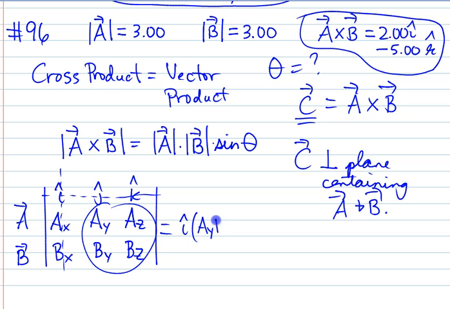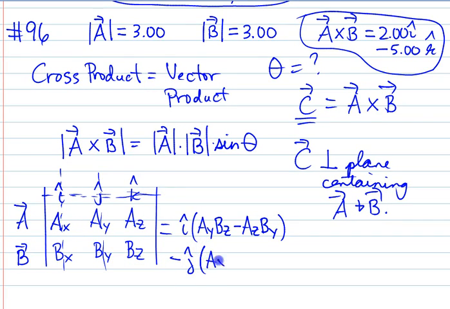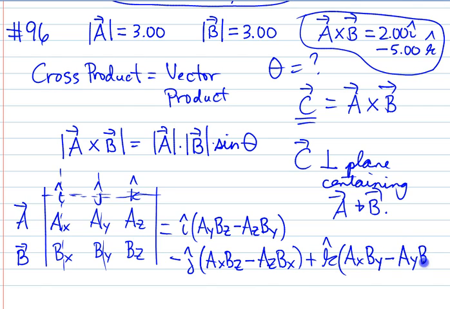So that's AyBz minus AzBy. Then the j hat would be something similar, where we crossed out the middle column in the top row, then we do minus j hat (AxBz minus AzBx), and then finally we would do the same thing for k hat, and we would do AxBy minus AyBx.